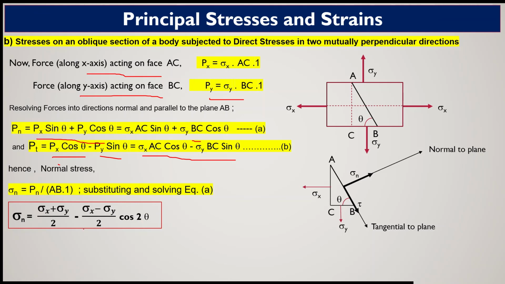So this equation is the equation for stress in a direction normal to the plane AB under consideration. Similarly, solving equation B, we get tau is equal to sigma x minus sigma y by 2 into sine 2 theta.